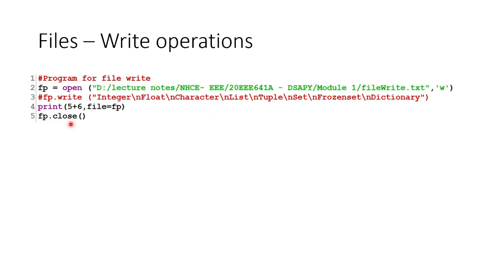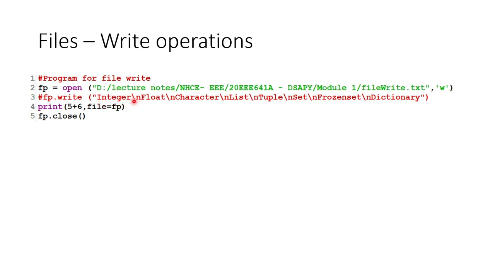And next, if we want to write content into a file, we can use a method called write. So write is another operation that's supported for the file operations here. Within the write function, we can specify the details of what we want to write. Wherever we have a new line character, a new line will be inserted. Here, the new line character is represented by slash n.